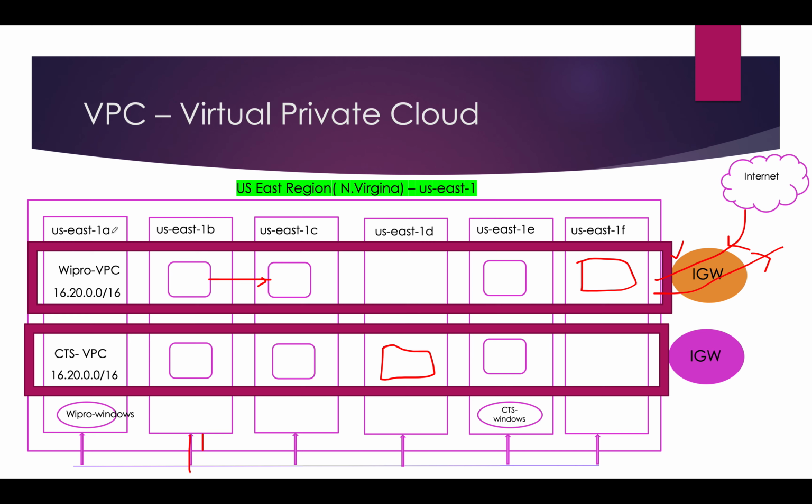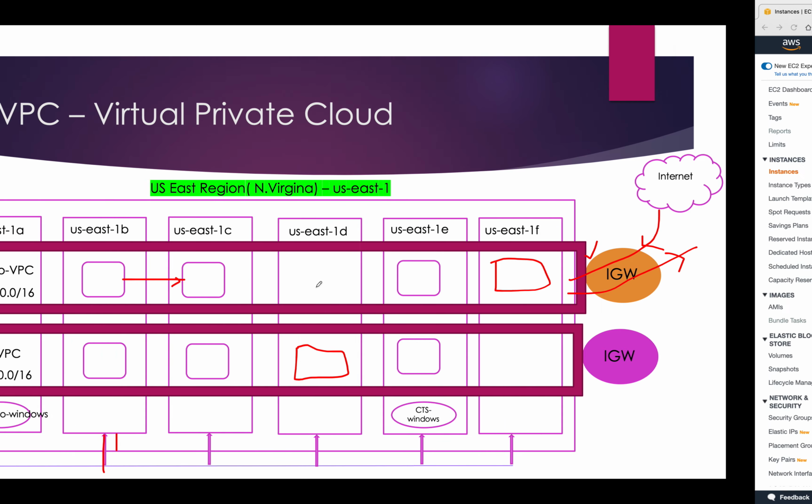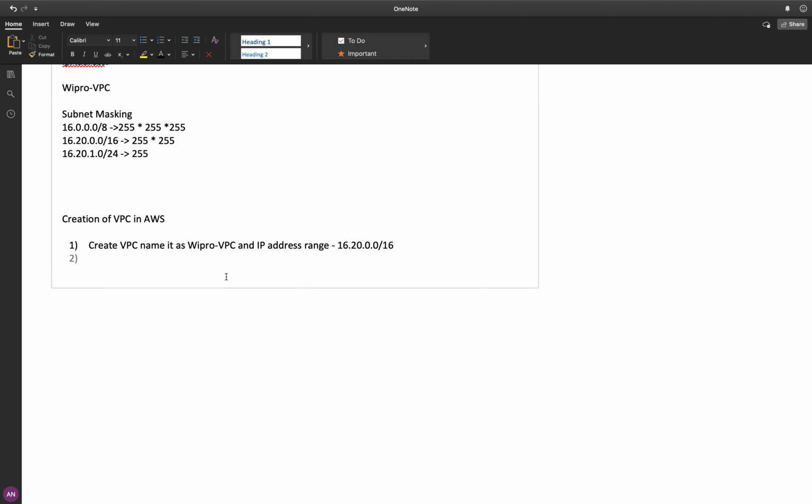Once this step is done, you need to create the subnets. Subnets, in the sense, are for your virtual machines: how many types of virtual machines you want to create. Now I can create subnets, and I will show you the demo, don't worry.